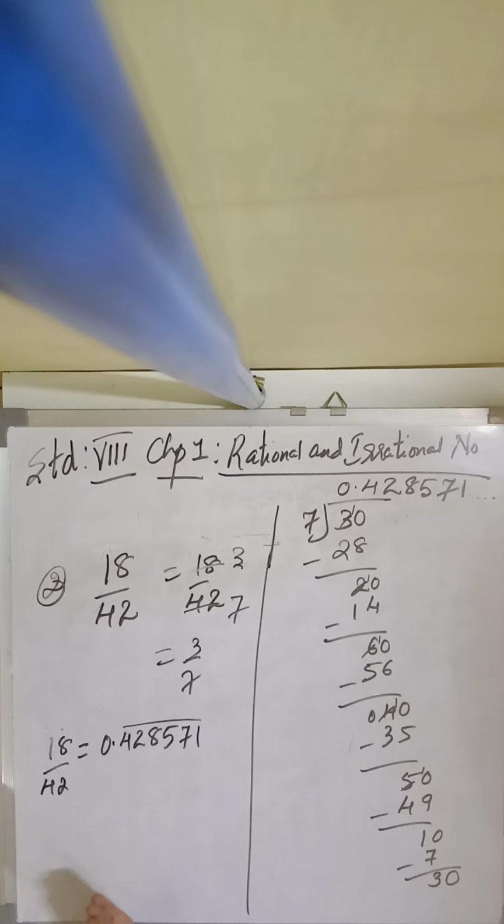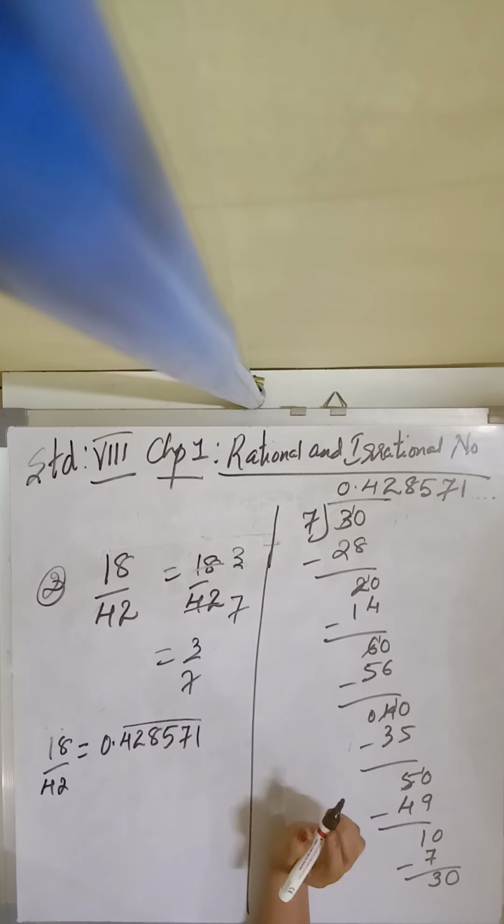Clear, children? Here you can see how many terms are recurring: 1, 2, 3, 4, 5, 6 terms are recurring. 428571, and again it will come 428571. Clear, children? So now let's move to the third sum.